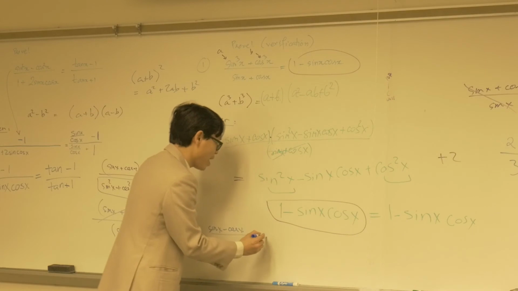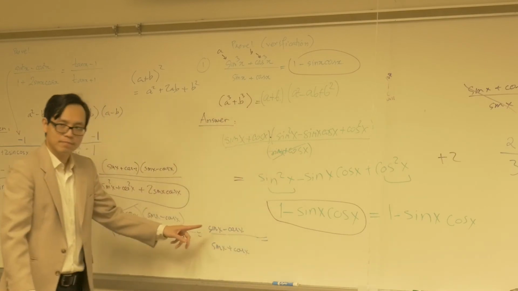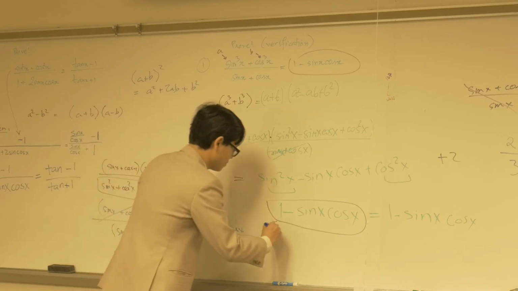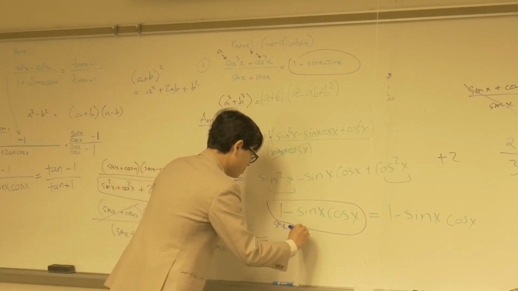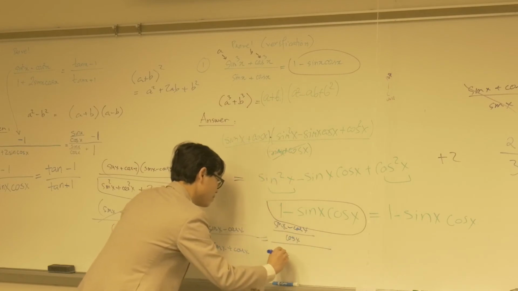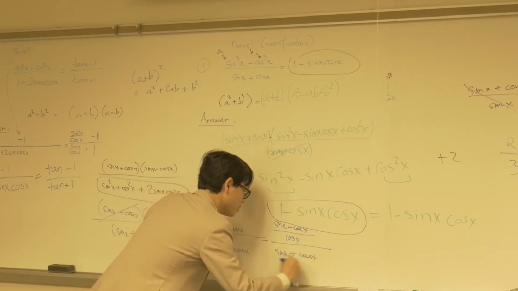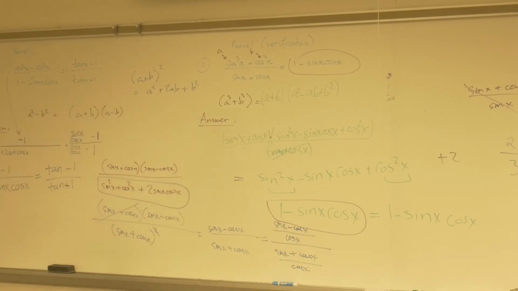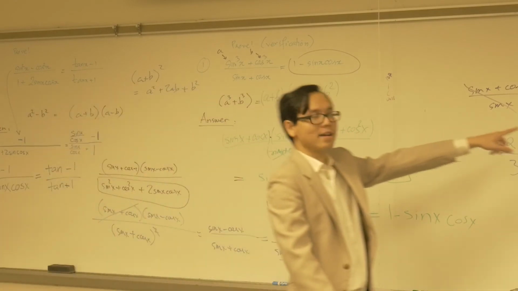So if I divide the top and the bottom by cosine, do you think it changed? No. Because of this: I divide by 5, does not change.